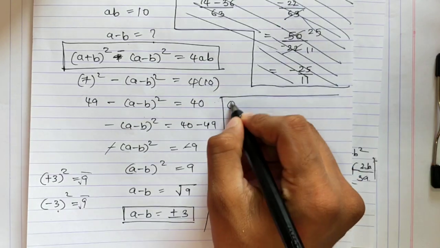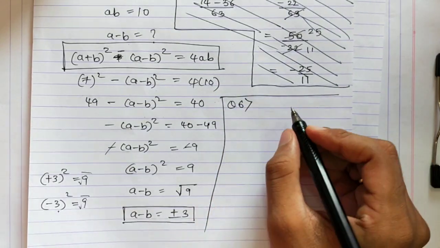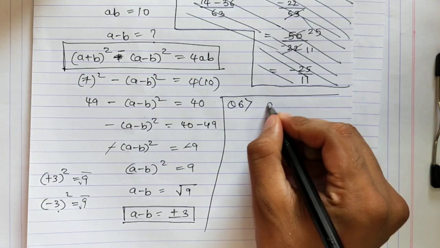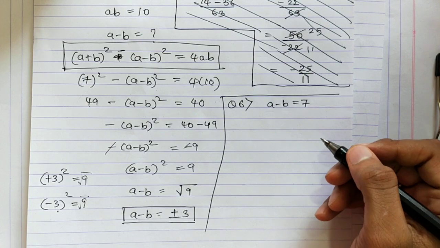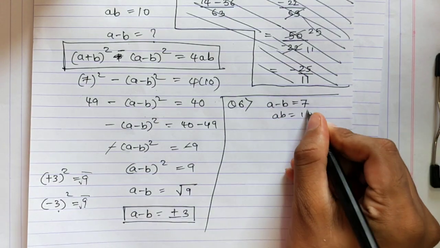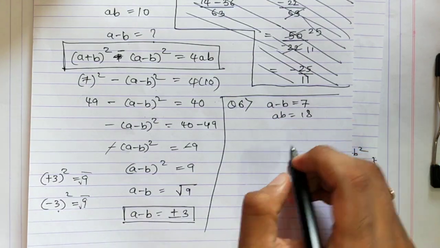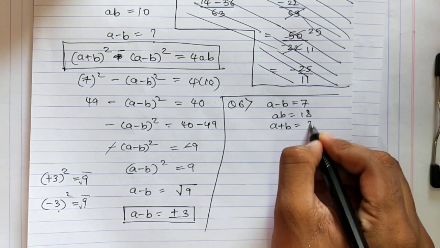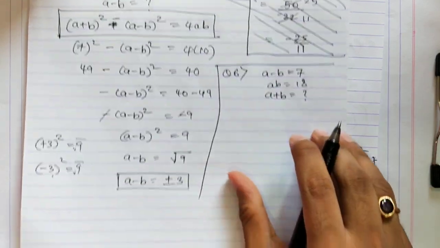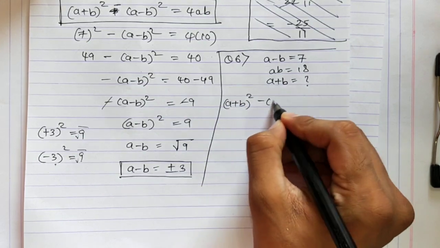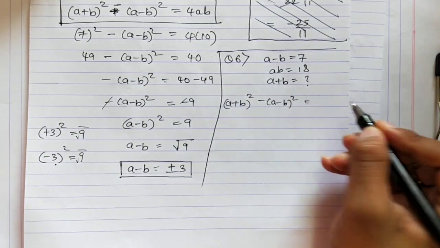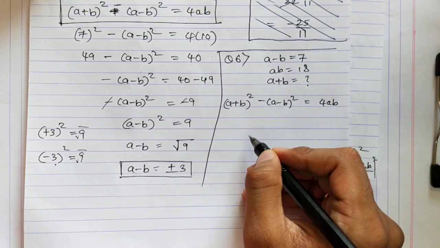Next, question number 6, a similar sum. Here a minus b is given as 7, ab is 18 and we have to find the value of a plus b. Again I'll use the same formula, a plus b the whole square minus a minus b the whole square is 4ab.